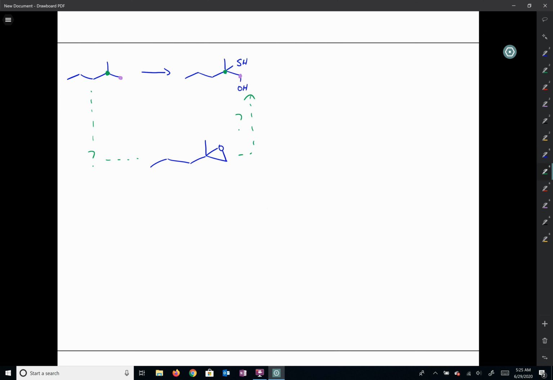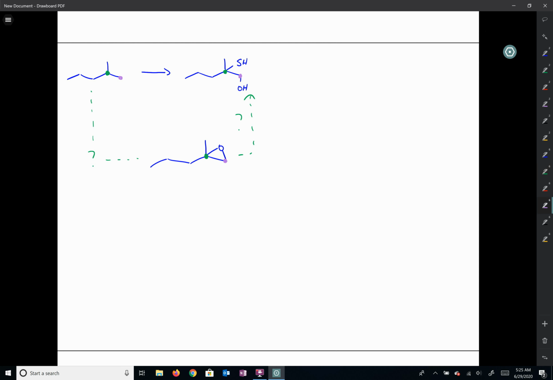Because if we take a ring opening of this epoxide, we know we will generate an alcohol. If we have an epoxide and we do a ring opening, we will end up with vicinal functional groups, and one of those functional groups will be an alcohol. You guys catch me on that one? When we ring open an epoxide, we end up with an alcohol.